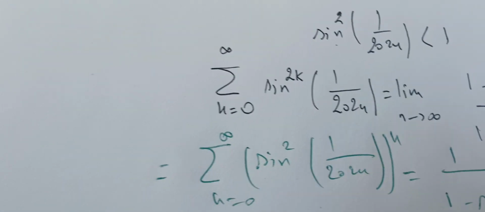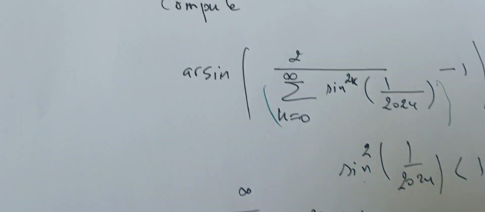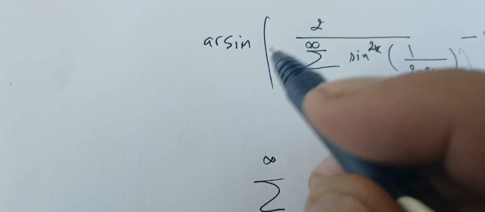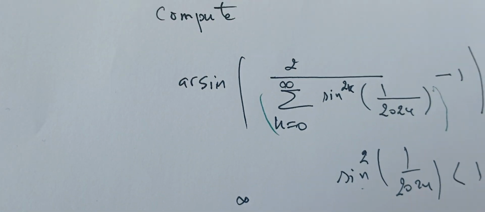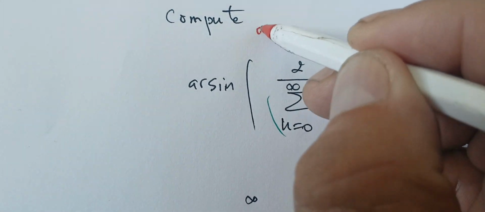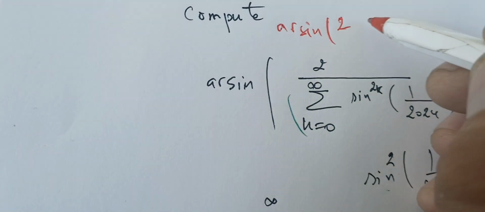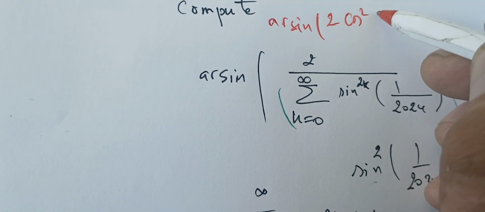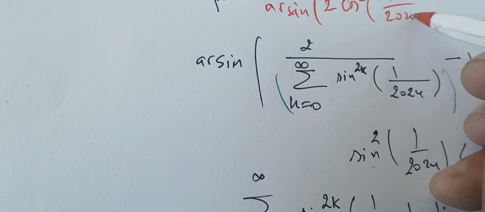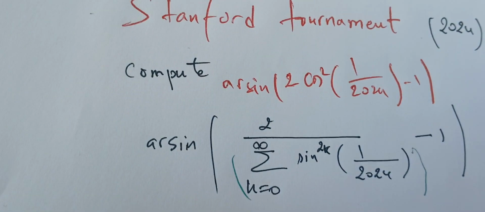If I plug it on the top, I'm gonna get, let me do it in another color, the arcsine of 2 cosine squared of 1 over 2024 minus 1.